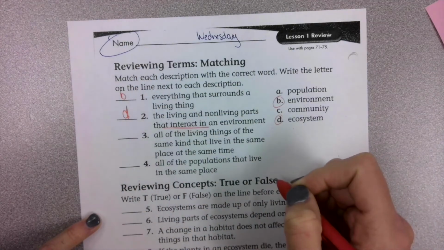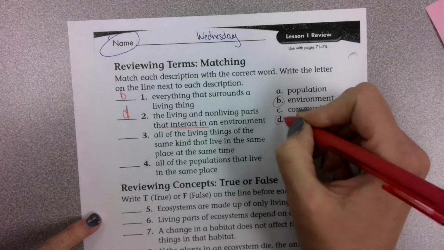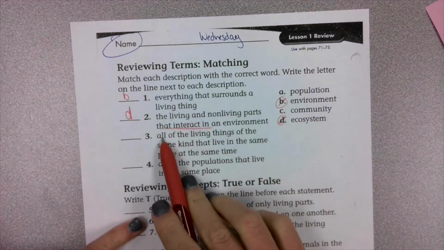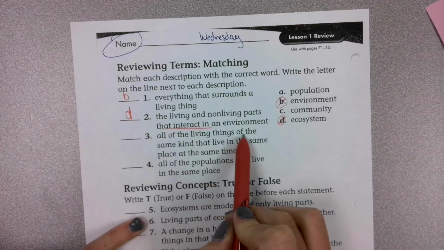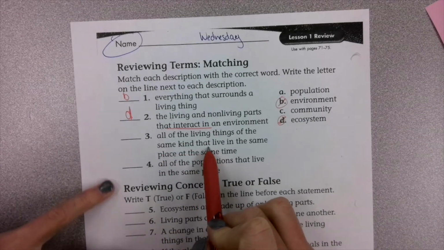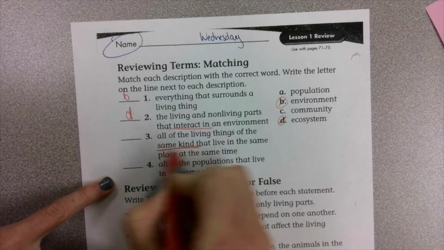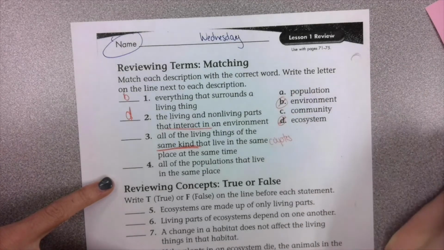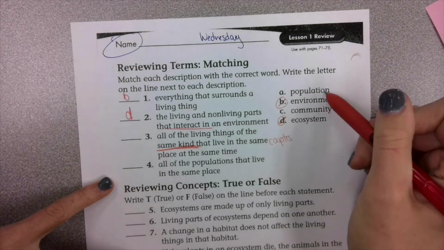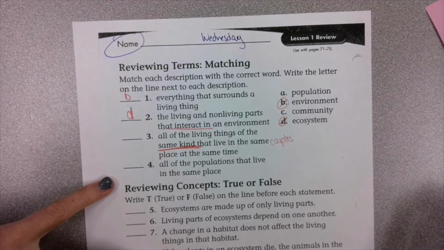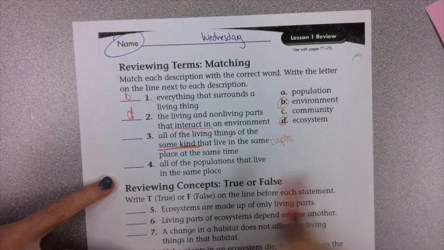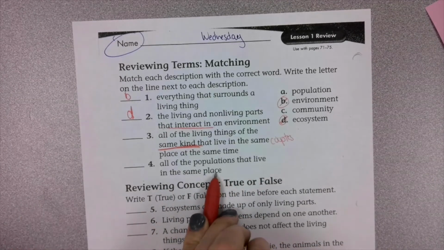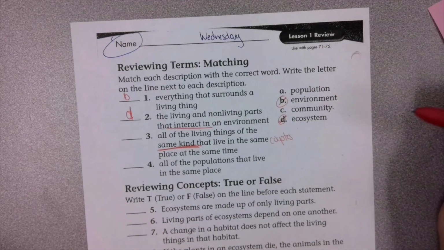Because it's ecosystem, then we're talking about them interacting and how they work together. Number 3, all of the living things of the same kind. Same kind, so one group of coyotes. Is that a population or a community? And then number 4, all of the populations that live in the same place. Is that a population or a community?